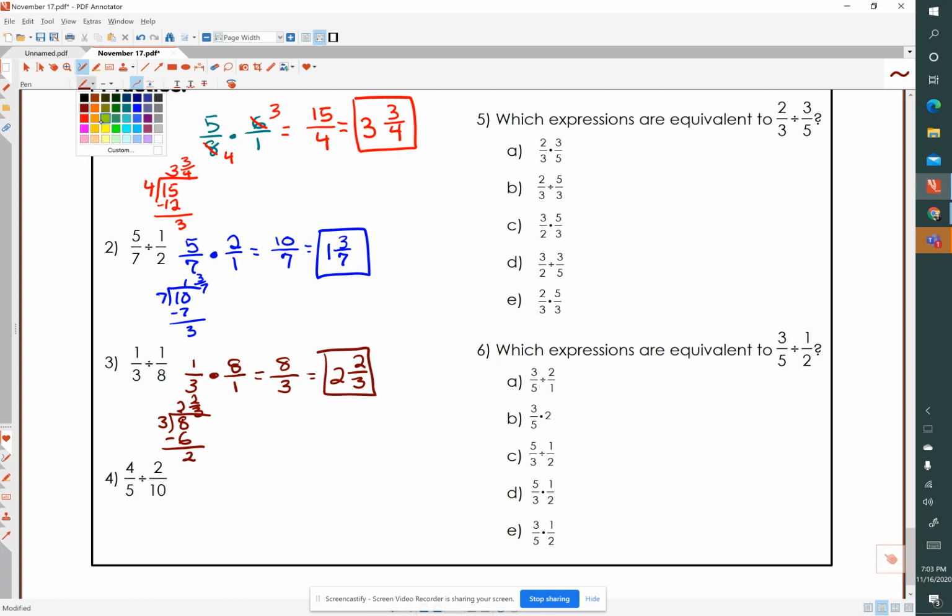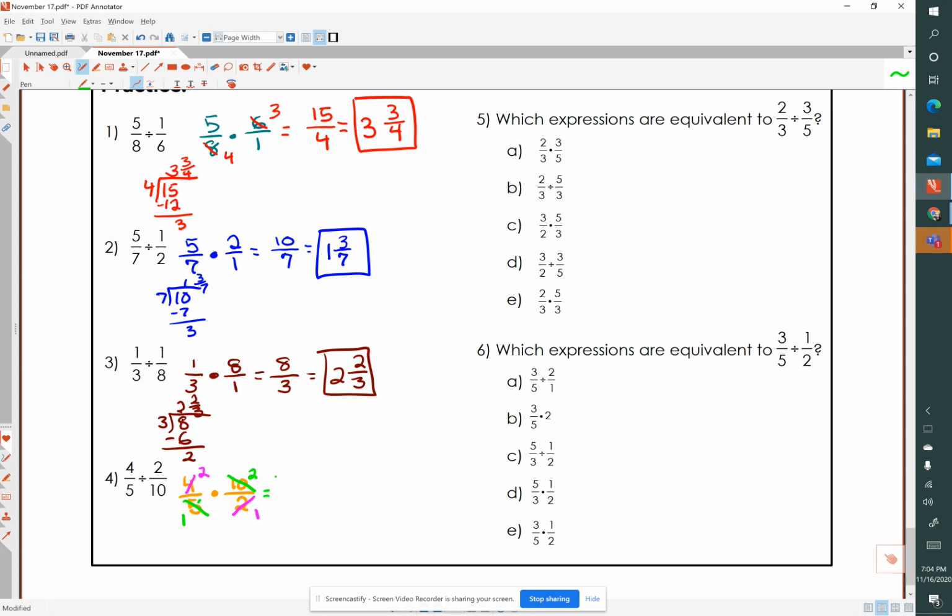And the last problem on this side of the page, 4/5. We'll change division to multiplication, multiplied by 10 over 2. Now, there is a lot of cross canceling we can do here. 2 divided by 2 is 1. 4 divided by 2 is 2. 5 divided by 5 is 1. 10 divided by 5 is 2.